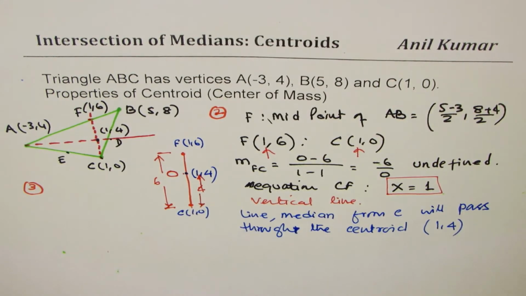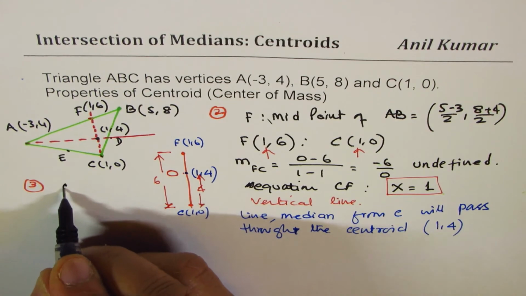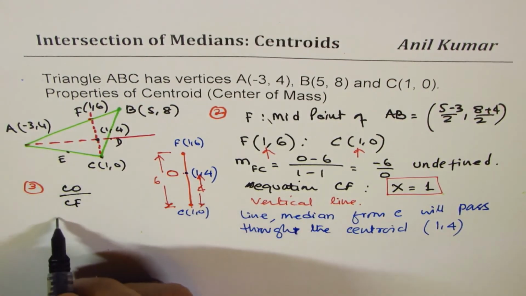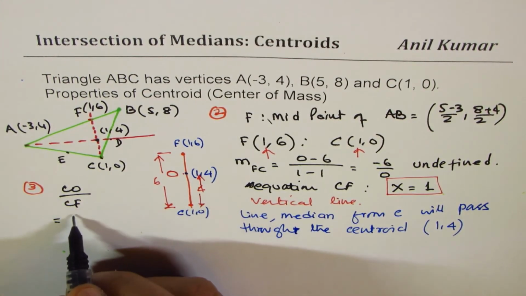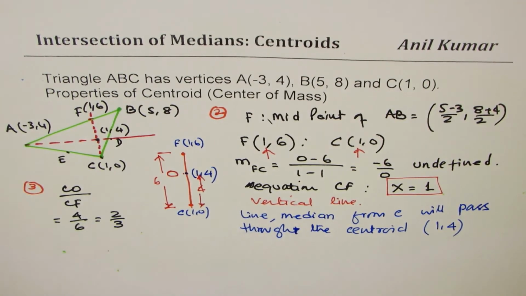And therefore, we can conclude that from the vertex to the centroid, CO divided by CF, how much is the distance? In this particular case, it is 4 over 6, which is 2/3. Correct?